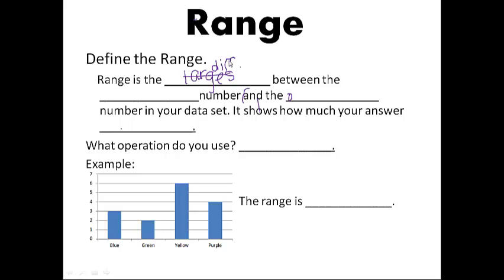It's the difference. Just testing you, making sure you caught that. Alright, so range is the difference between the largest number and the smallest or the least. It shows you how much your answer varies, so you can see it goes from what to what.